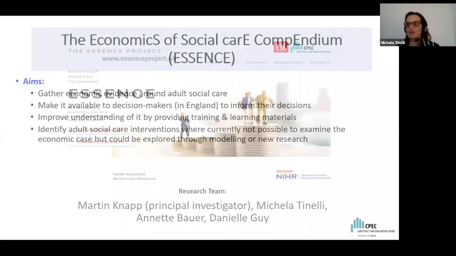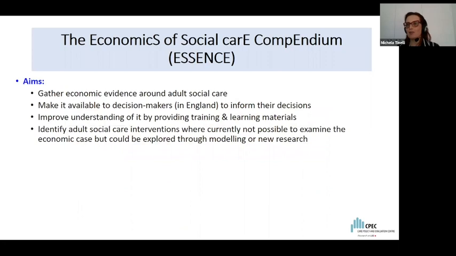Briefly, what is ESSENCE, the Economics of Social Care Compendium? The aims of the project were to gather economic evidence around adult social care and make the evidence available, useful, and accessible to decision makers in England to inform decisions. We wanted also to provide training and learning materials to improve understanding of the economic evidence.